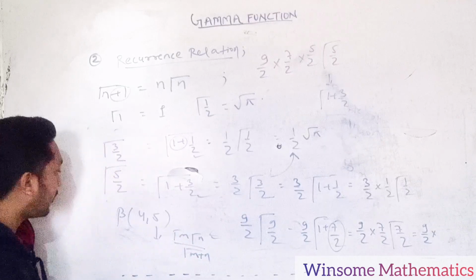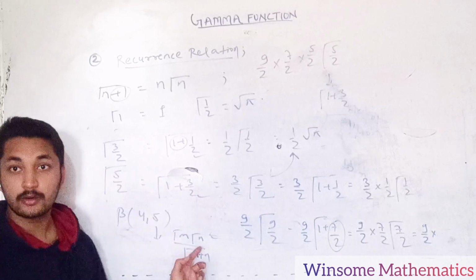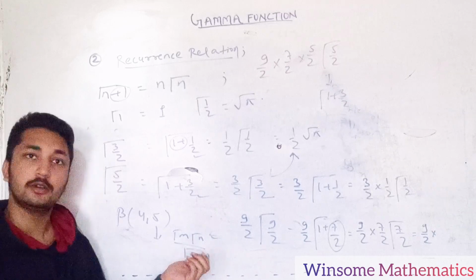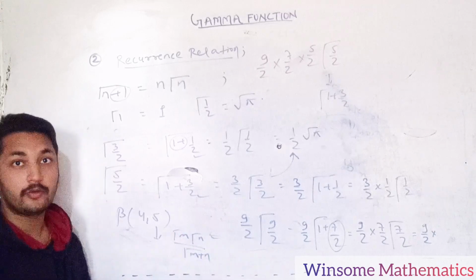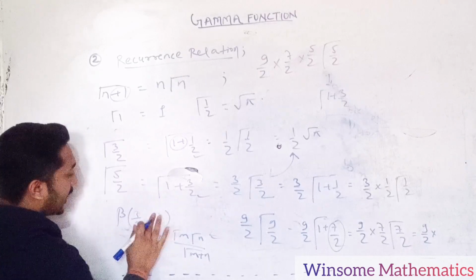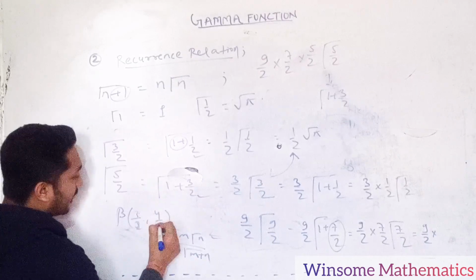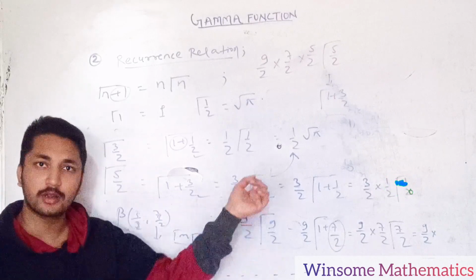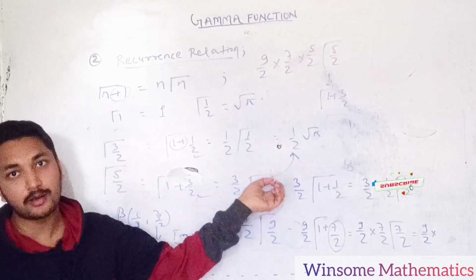Here you can solve 4, 5, 9. You can easily solve: gamma 4 is equal to 4 minus 1 factorial, gamma 5 is equal to 5 minus 1 factorial. But when you come across beta 3 by 2, 5 by 2, 7 by 2, then you will understand the importance of fractions inside the gamma function.